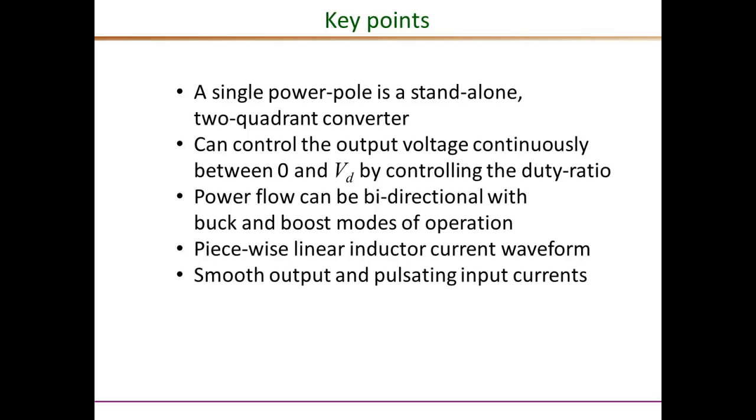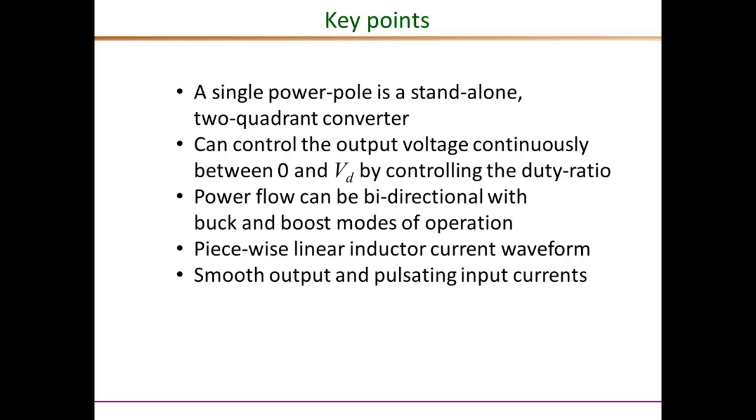So the bidirectional power flow actually gives us 2 modes of operation, a buck mode and a boost mode, which is decided by whether our pole output is more or less than the E sub A, the lower voltage battery or the back EMF.